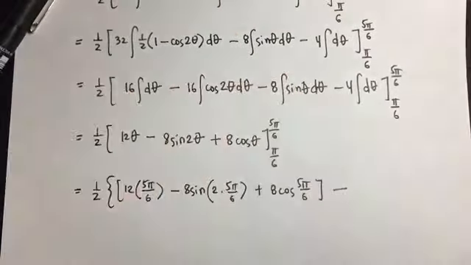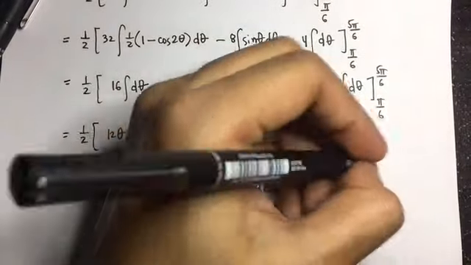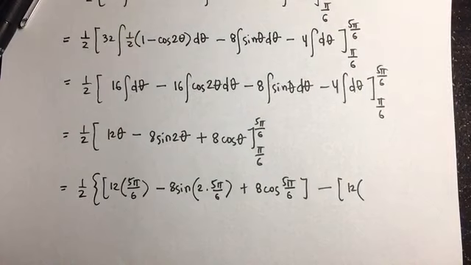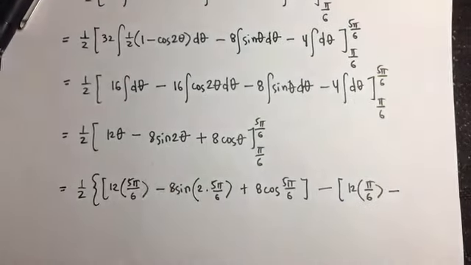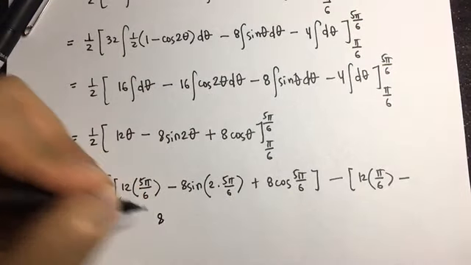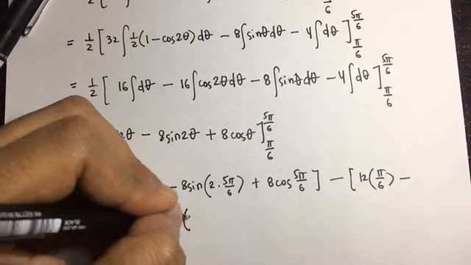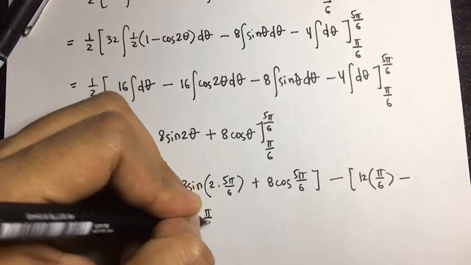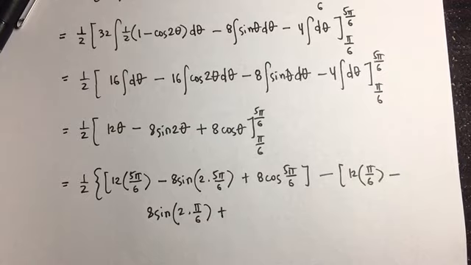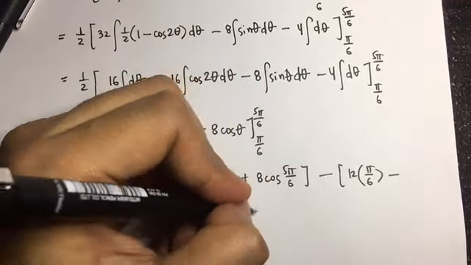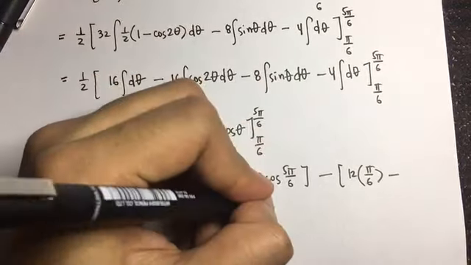Minus lower limit, so 12 times pi over 6 minus 8 sine of 2 times pi over 6 plus 8 cosine of pi over 6.